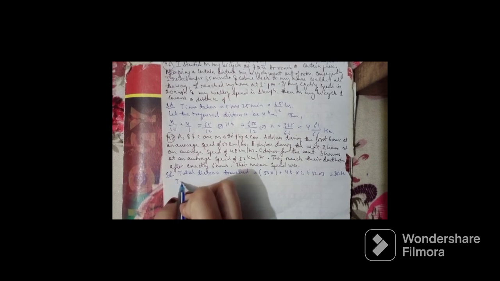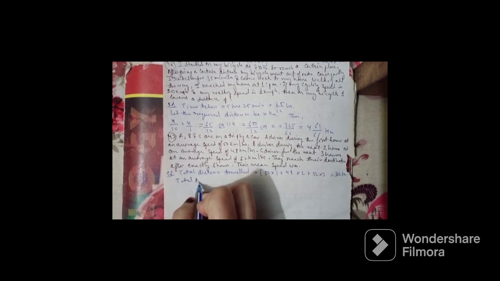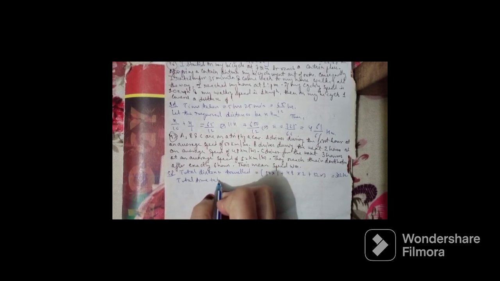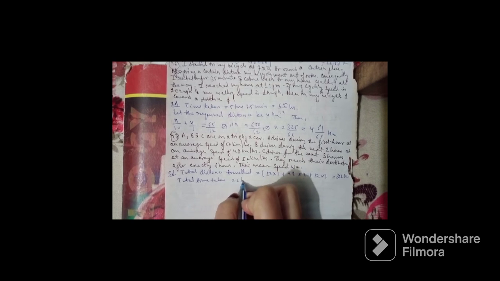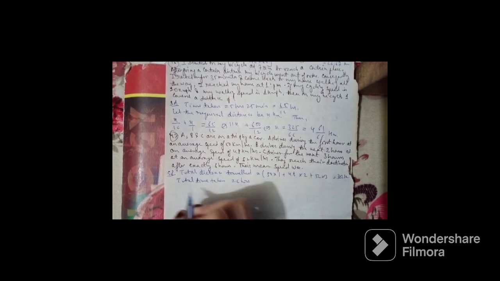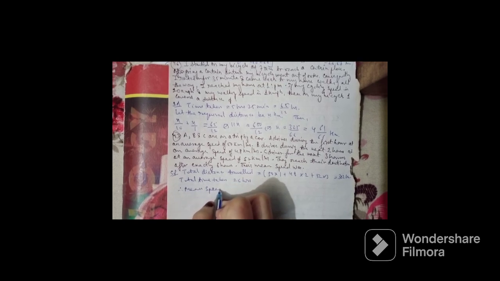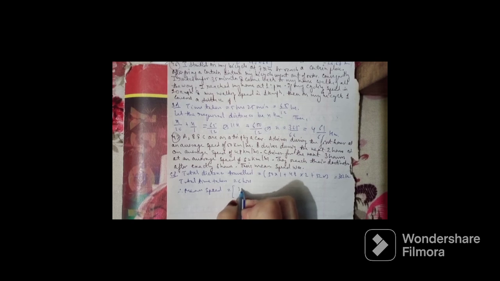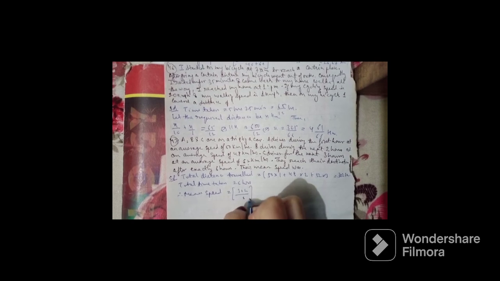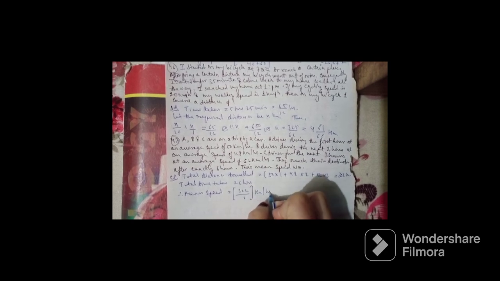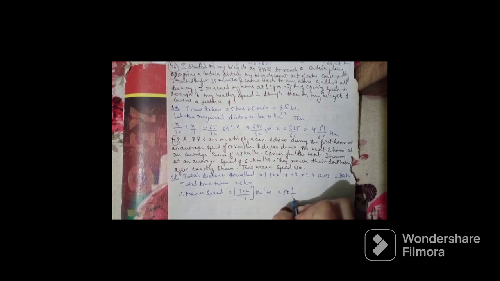So total time taken equals 6 hours. So mean speed equals 302 by 6 km per hour, which equals 51 by 3 km per hour. That's what we have here.